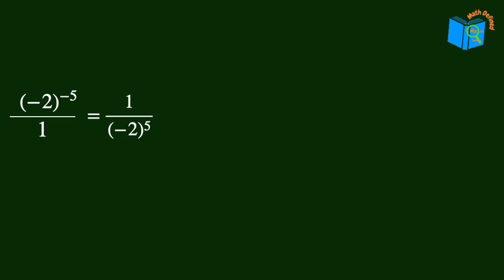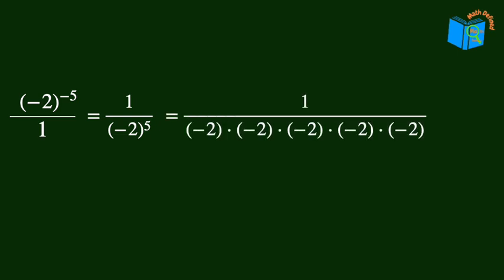Be careful here not to change the base from negative 2 to positive 2. The reciprocal process only affects the exponent, not the base. To calculate its value, we multiply the base of negative 2 by itself 5 times, resulting in the fraction negative 1 over 32.